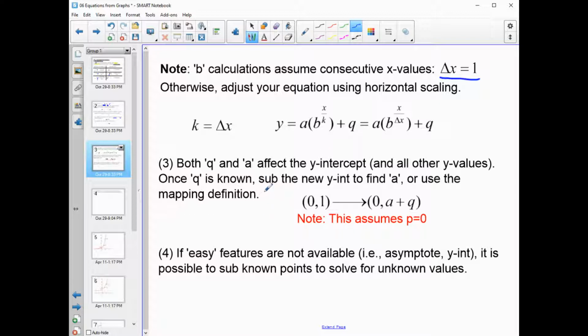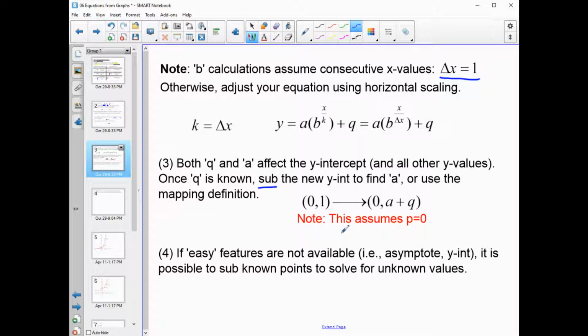Now, if you happen to be able to see the y-intercept on your graph, you can also make use of that y-intercept. The easiest way to make use of it is just to do a substitution. But there's actually a little trick that you can also make use of.